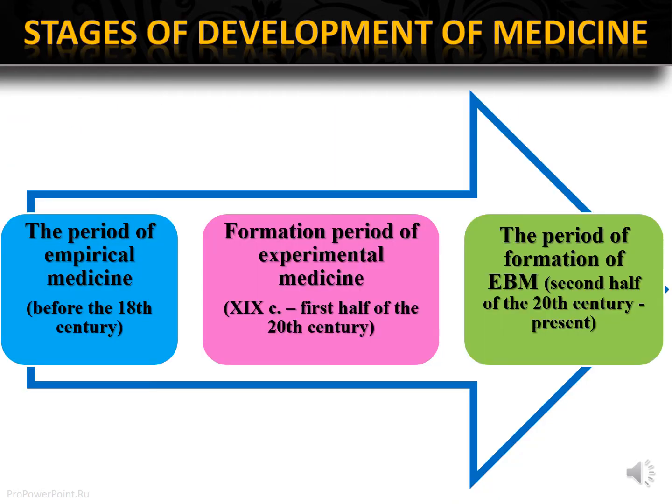At first, we start with the stages of development of medicine. As you see, we have three stages. The first stage is associated with empiric medicine, when we try to use different chemicals, different fluids for treatment, for saving our patient from different pain, and so on.